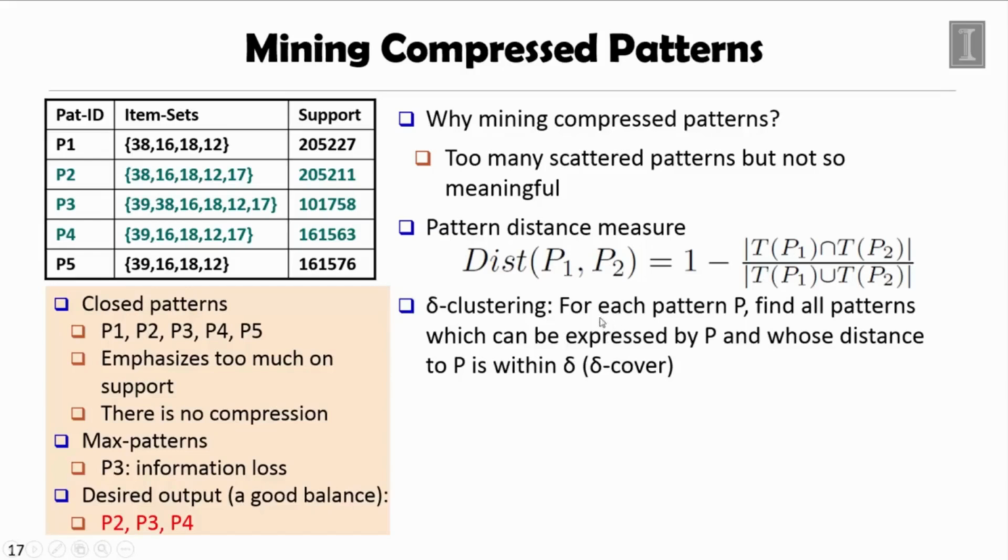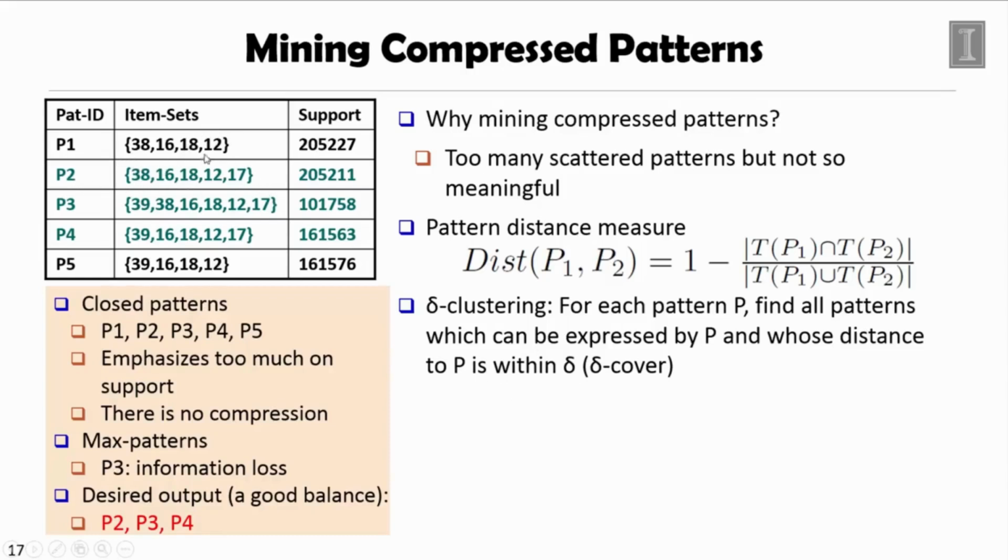Based on this, we may be able to define a delta clustering or delta cover. That means the delta cover of a pattern P is those patterns that can be expressed by P, where the distance is within delta. Actually, you probably see P2 is a good one, because P2 essentially can cover P1.